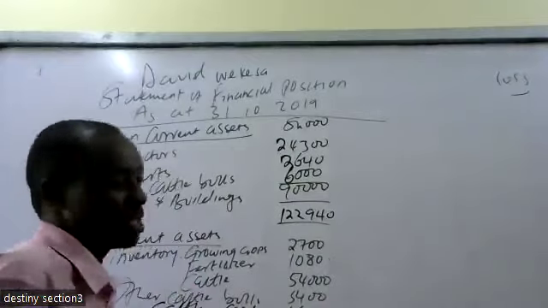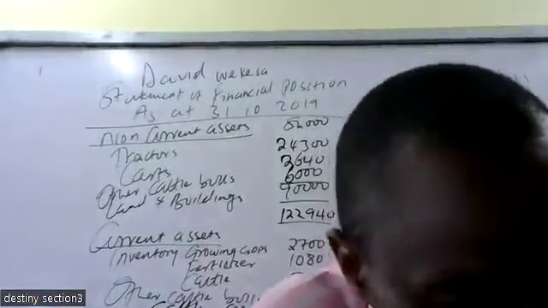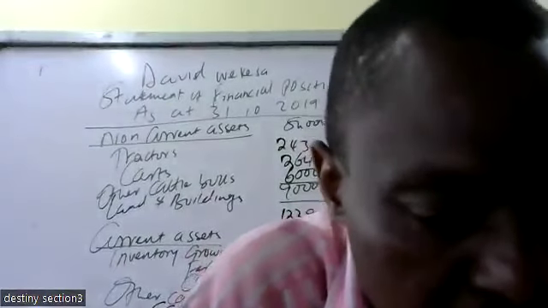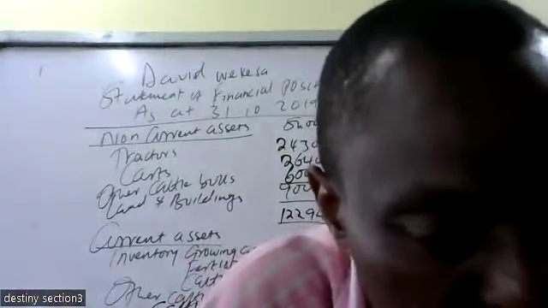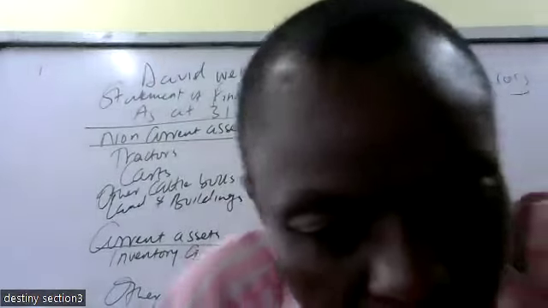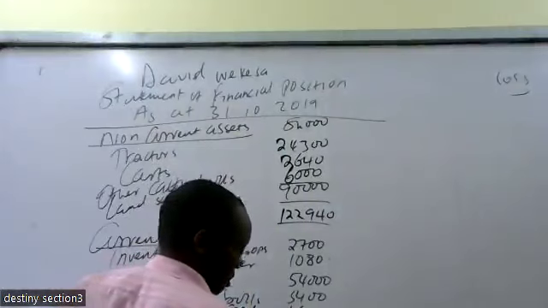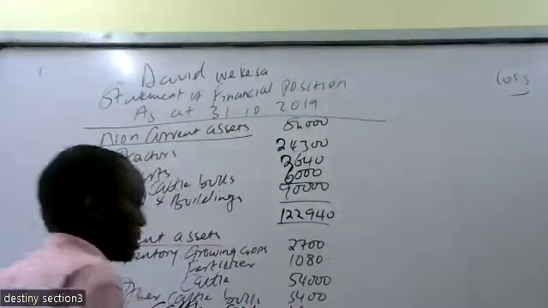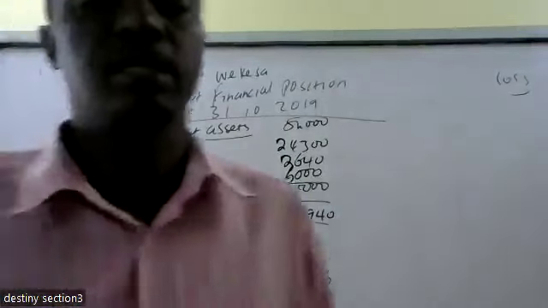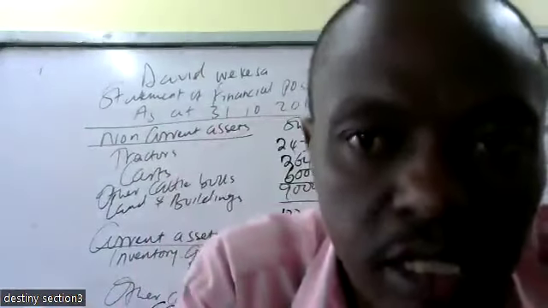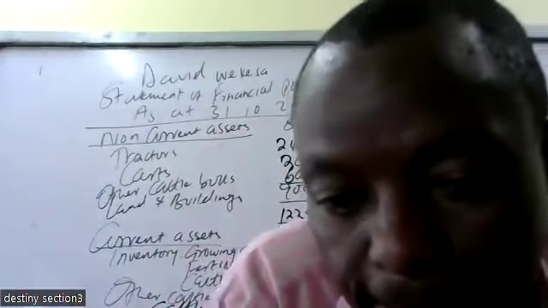I don't think we have receivables, but if we had it, we would have brought it here. So we can just get the subtotals for current assets. Jane, kindly work it out for me.